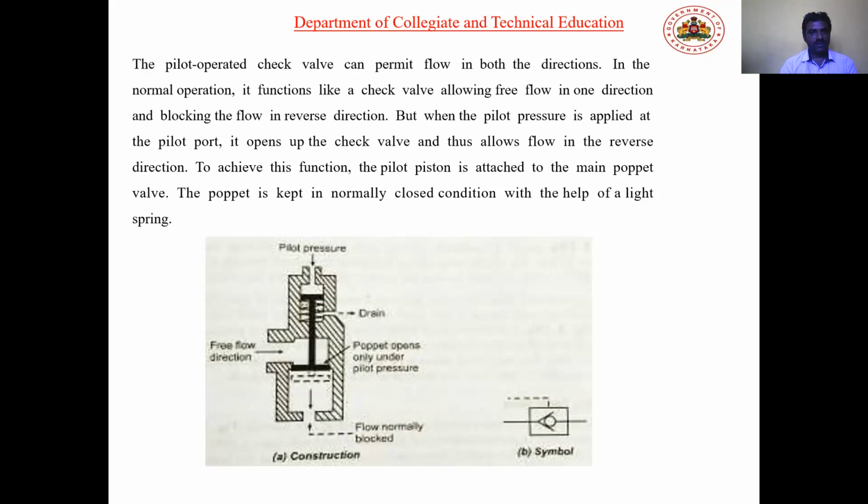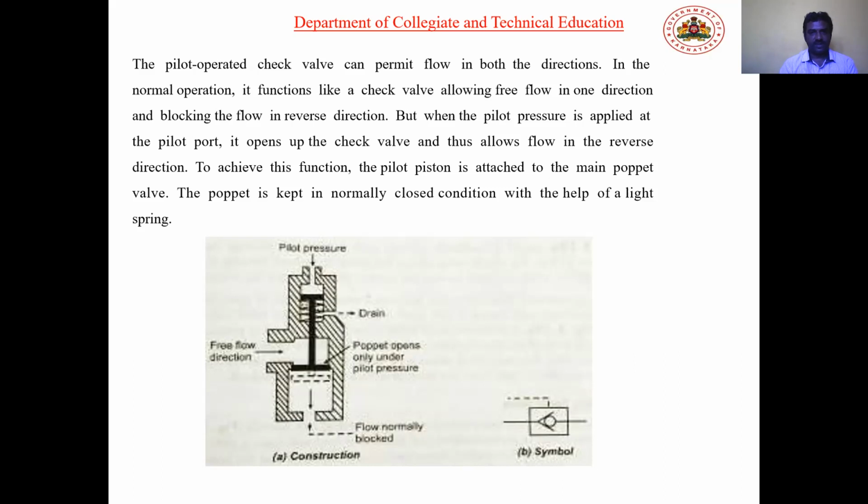To achieve this function, the pilot piston is attached to the main poppet valve. The poppet is kept in a normally closed position with the help of a light spring. That is why it is called a pilot operated check valve, permitting the flow in both the directions.